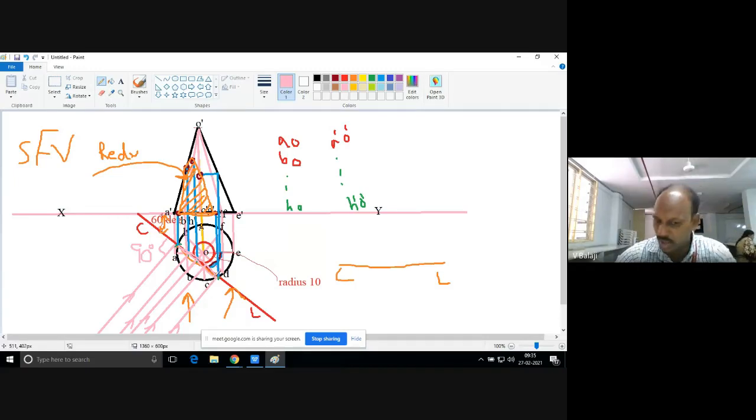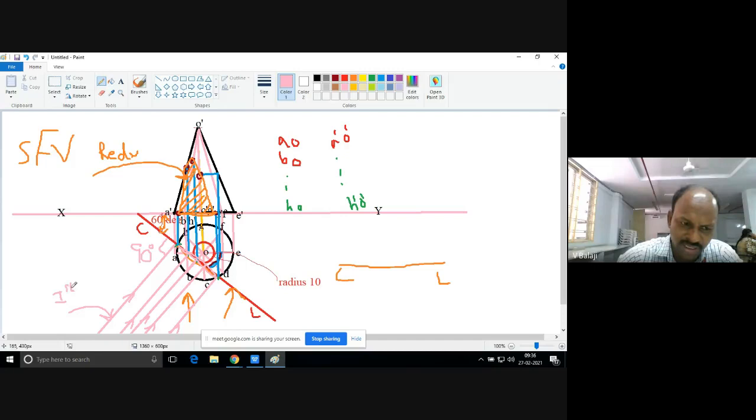Now, how to get this particular true shape using these projectors? That I will tell you. Observe clearly. If you understand how to generate the first point on the first projector, you will get the remaining things easily.